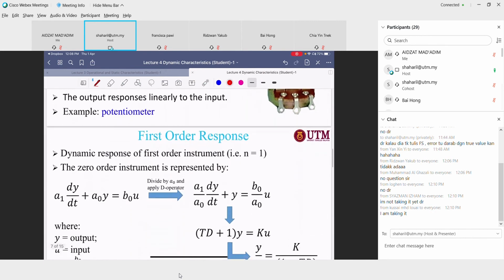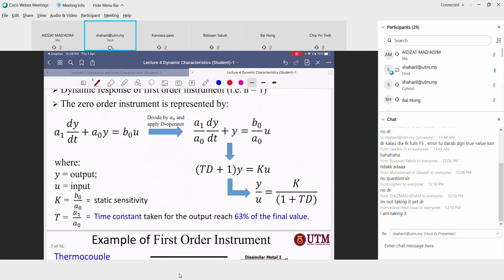First order. The equation here has y and u, where y is the output and u is the input. Then the very general equation for the first order is k divided by 1 plus Td, where d is the operator, d over dt.